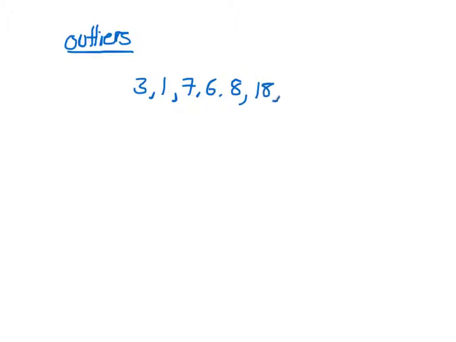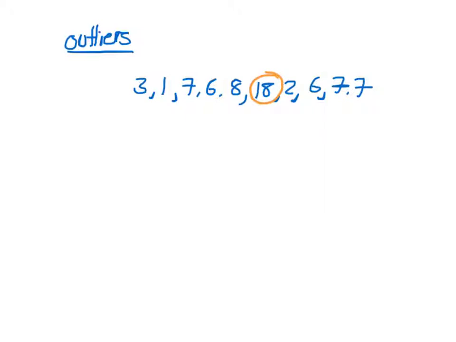Now in any type of data set, we can have values that are really outside the range of most of the other values, and we call these outliers. For example, if I give you a data set that contains these discrete values, we can see that most of the values are pretty close to each other, between 1 and 10, or in this case 1 and 8. This guy right here in the middle, the 18, stands out to us, right?